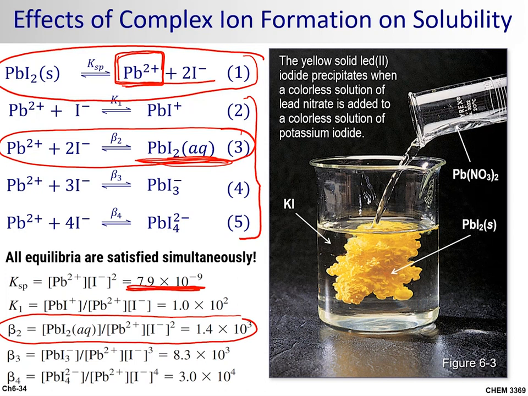And the PbI2 concentration would be the equilibrium constant times the concentration of Pb2+ times the concentration of I- squared.